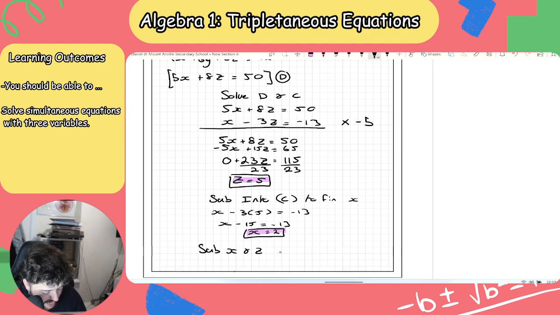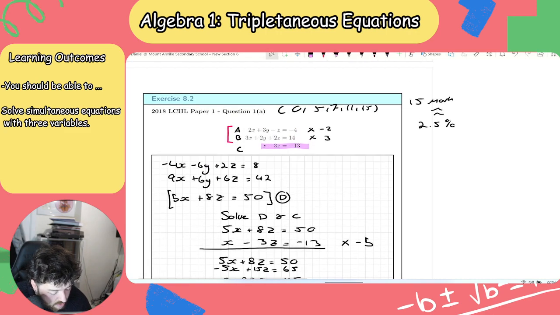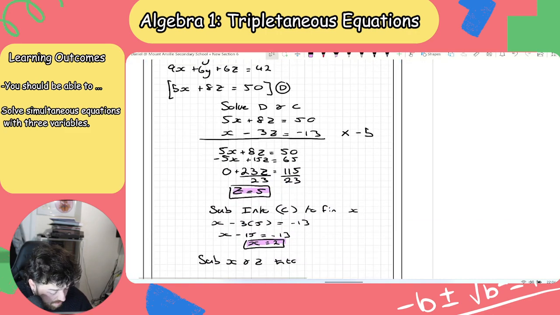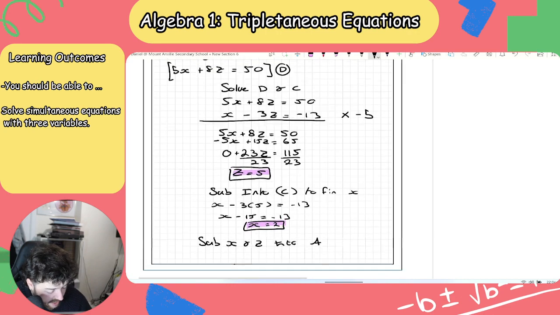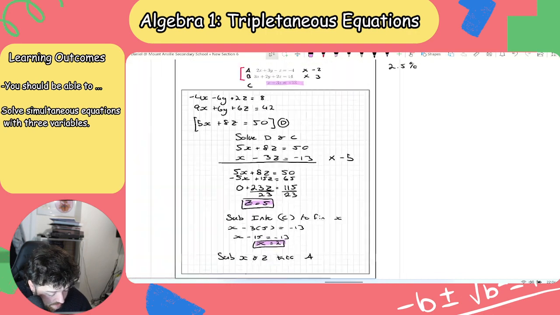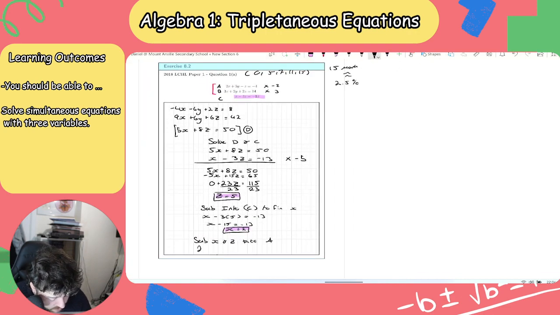And now that I have x and I have z, I can sub x and z into one of my original equations, and I'm going to choose A to get what y is. So A is, let me zoom out for a second. So 2 times x, so 2 times 2, plus 3y minus 5 equals minus 4. So 4 plus 3y minus 5 equals minus 4.